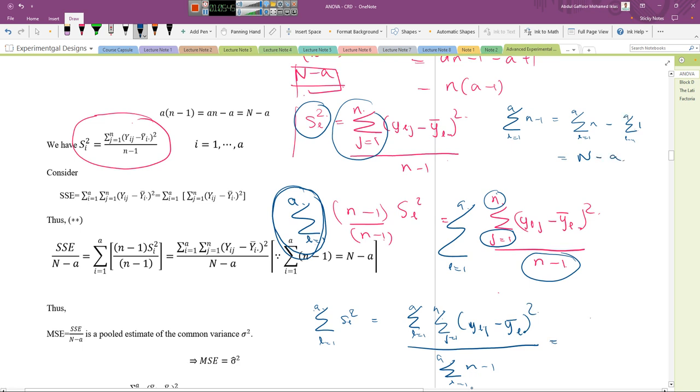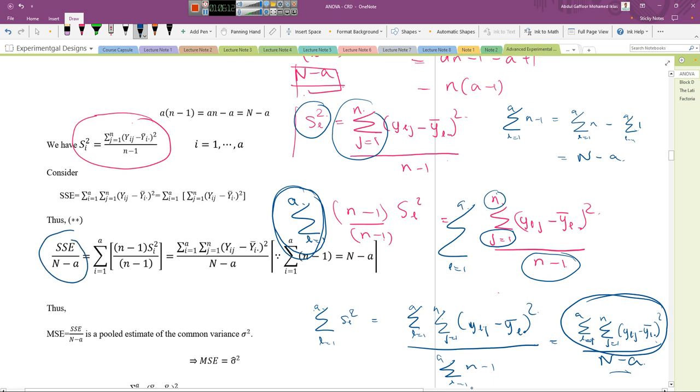So now this becomes summation i equals 1 to a, summation j equals 1 to n (y_ij minus y_i dot bar) whole squared, divided by N minus a. Okay, right. So now this is nothing but sum of square error, divided by N minus a.